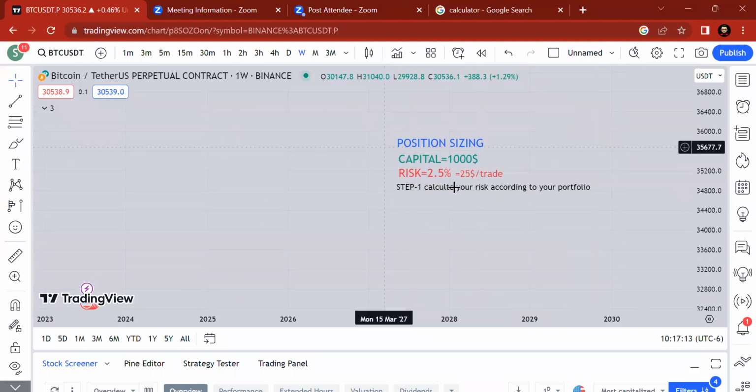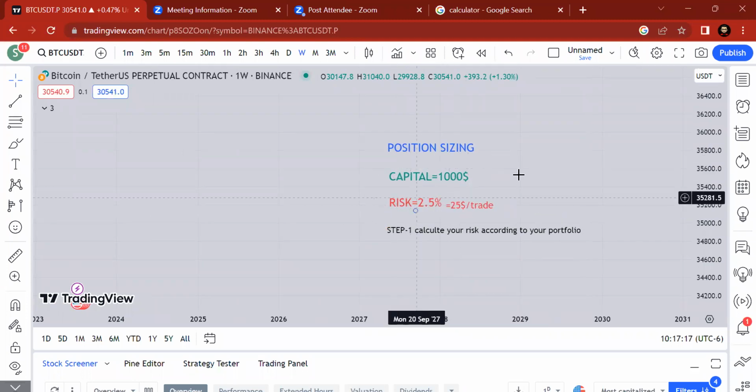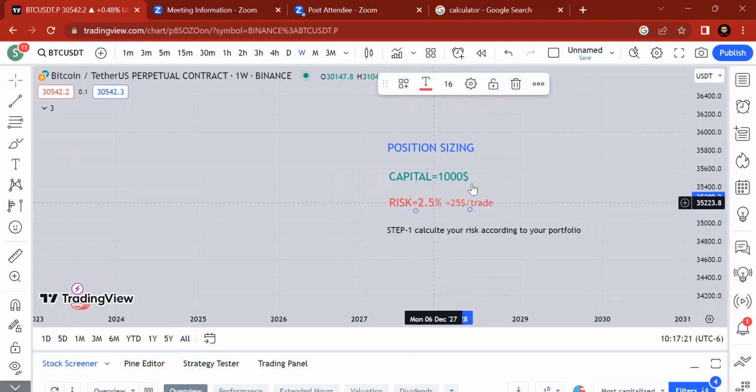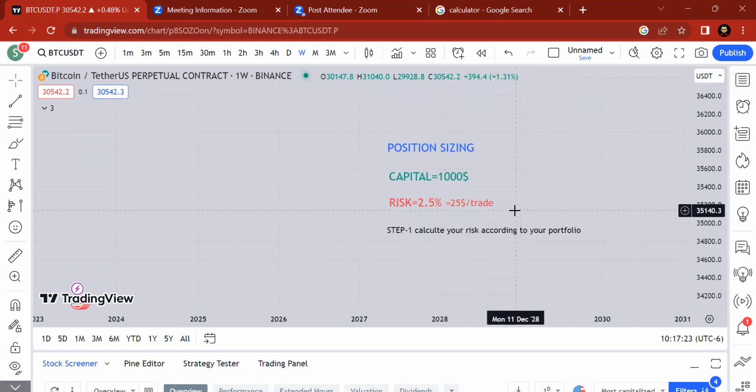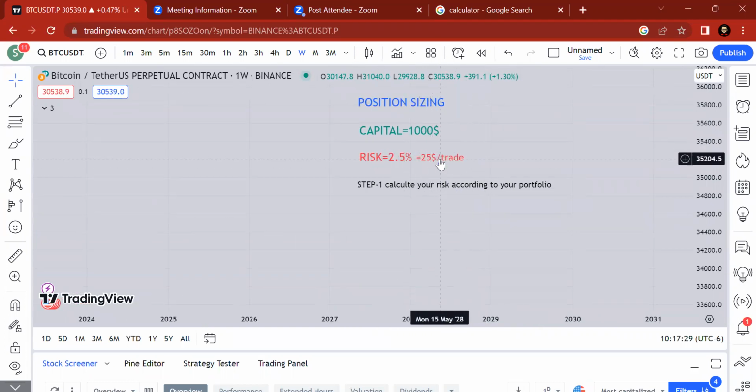Okay. Now you know how much your portfolio and capital is, how much you want to risk, and you also know the number of that risk. $25 per trade. That is okay. Step one is done. Now step two is how to implement this in any exchange, like how to get your position size.